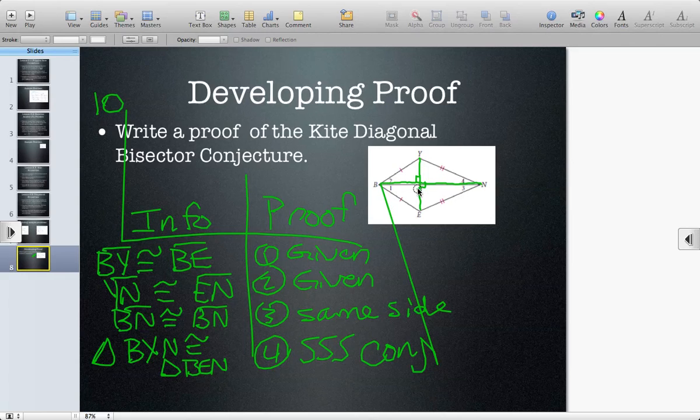That segment going from Y down to side BN is the height of the triangle. And if we have proven that the two triangles are congruent to each other, then we are able to prove that the heights of the triangles are congruent.